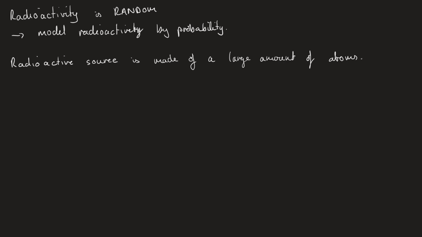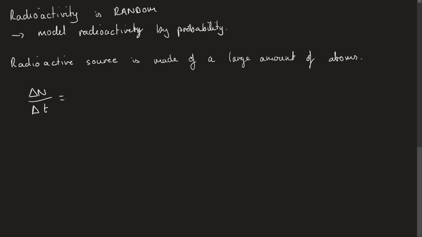And what I want to know is, as these decay, how does the number of undecayed nuclei change over time? So I want to know the change in the number of nuclei over time.